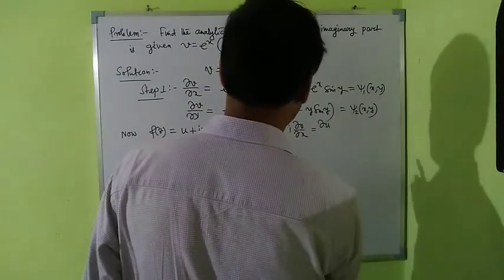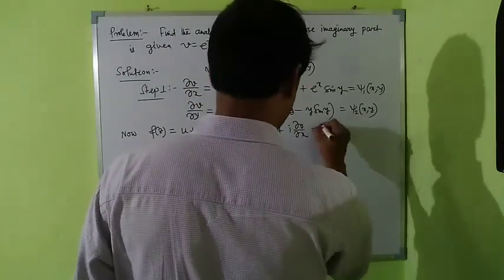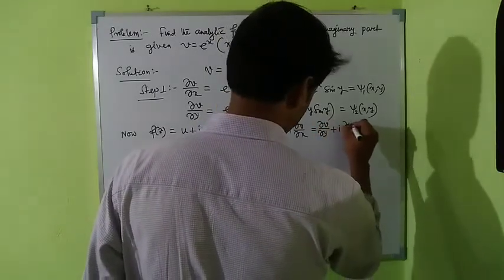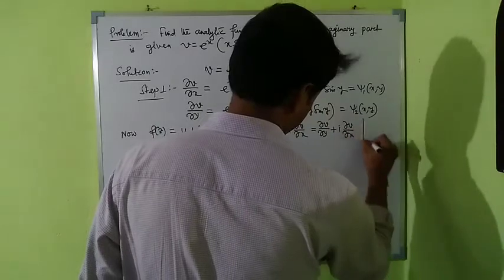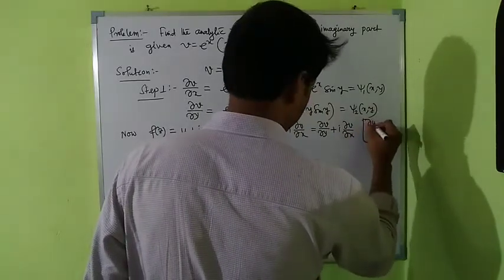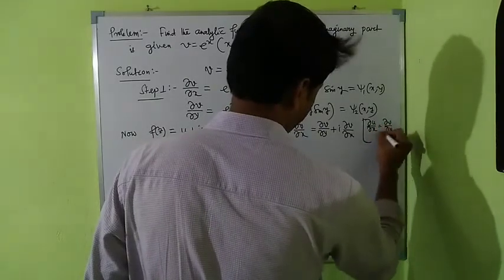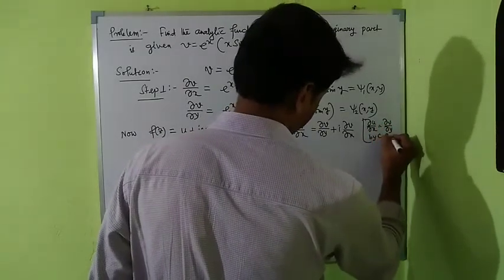We know the function v, so this is del v/del y plus i into del v/del x, since del u/del x is equal to del v/del y by the CR equation.